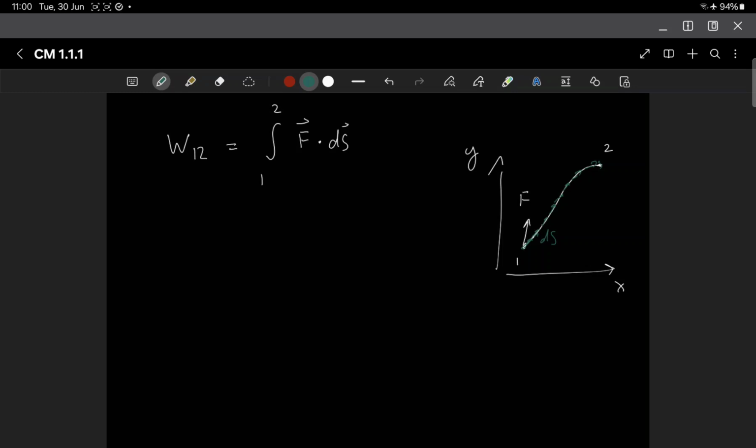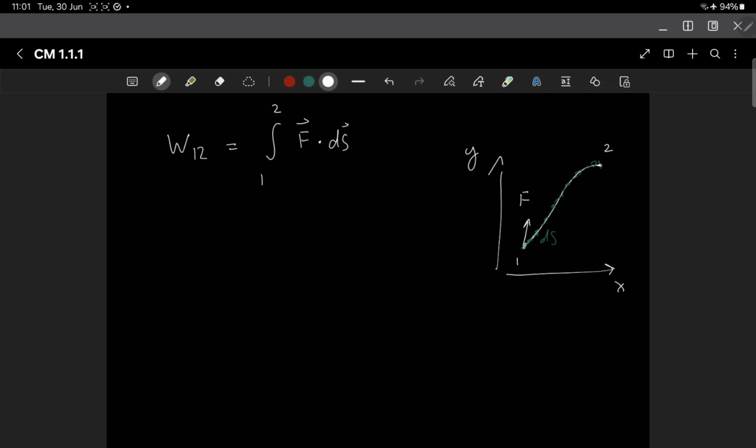This is when you have discrete steps, and if you take the limit as the differences in time tend to 0, then it becomes an integral, right?